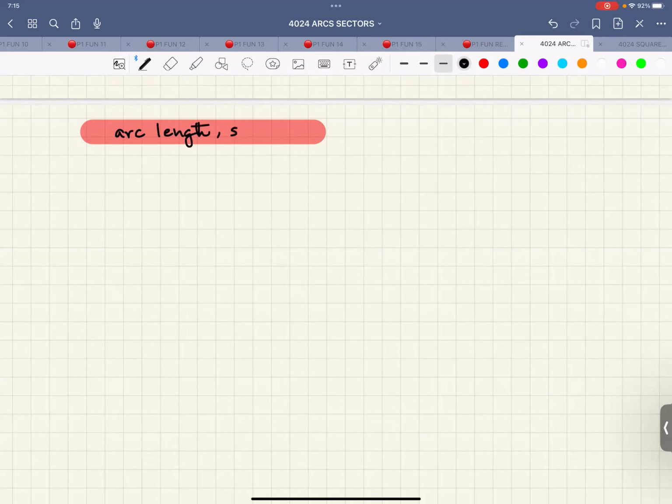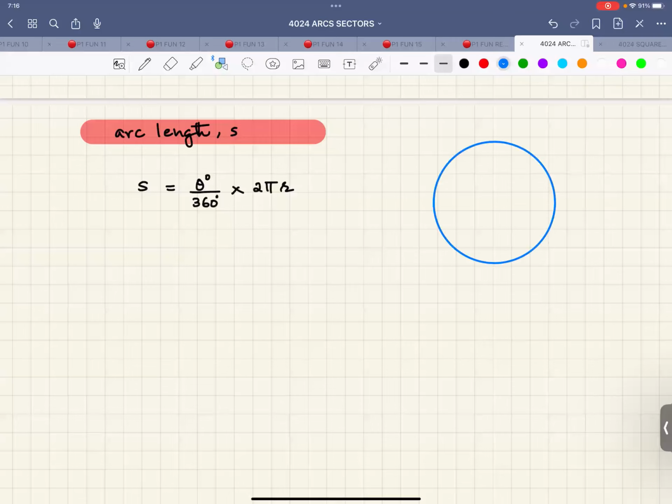The symbol is S. The formula is S equals theta degrees over 360 degrees into 2 pi r. Now, why do we have this formula? The reason is that if we are talking about a circle, and if I divide this circle into 4 pieces, so this is dividing into 2 pieces and then dividing into 2 more pieces.